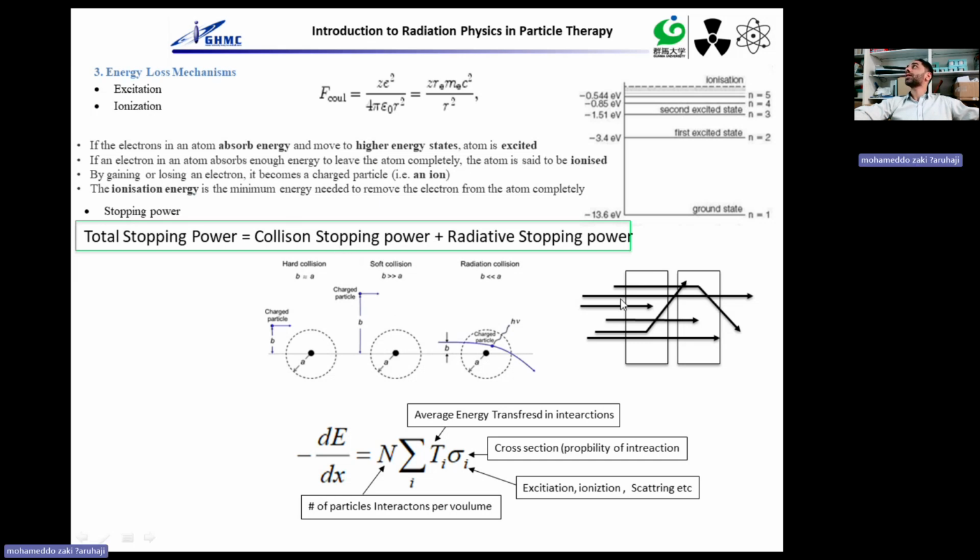Some materials can cause more hard collisions, less soft collisions. Other materials are the opposite, can cause more soft collisions. The amount of collisions happening will determine how much energy is absorbed in this type of material with this thickness. Also, thickness matters. Size of material is very important.